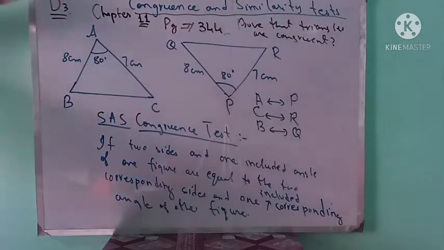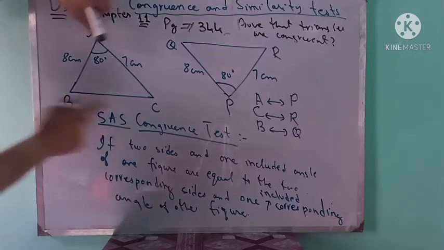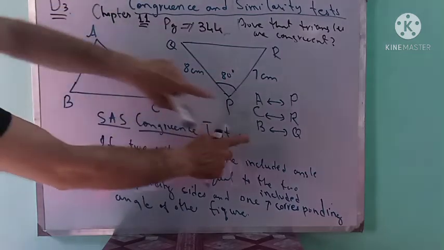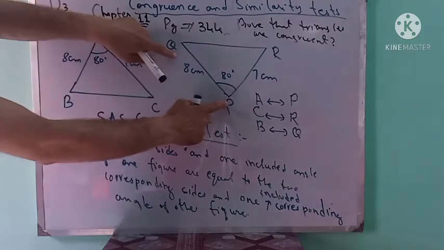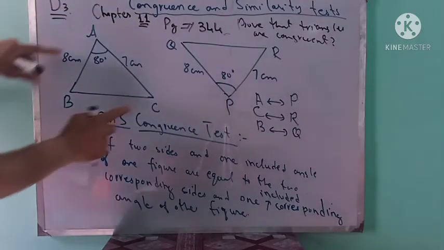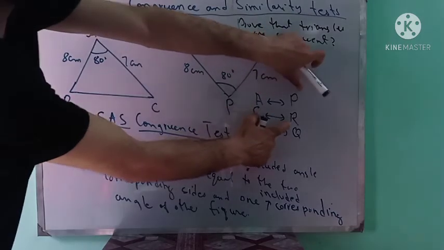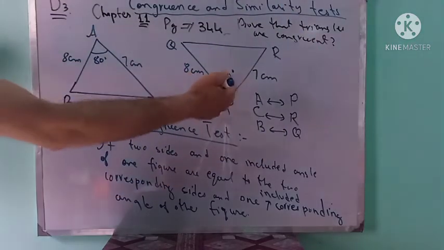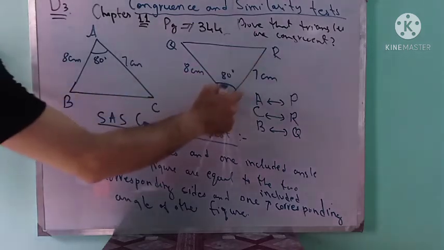So here see, AB is 8, and here PQ is also 8. AB and PQ have the same sides, 8, 8. So AC and PR are also the same, 7, 7. AC is 7 and PR is also 7.